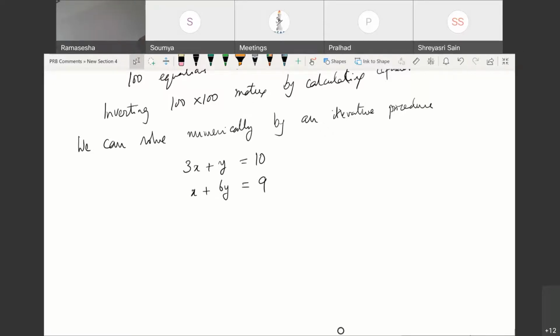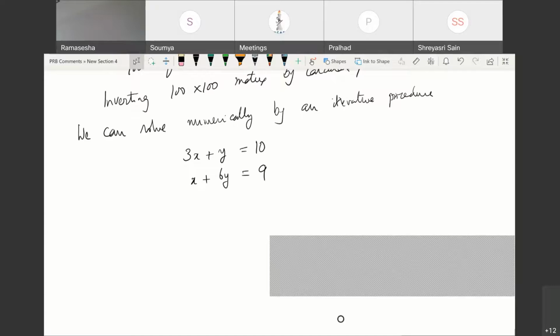Okay, the usual way you are going to solve this is by multiplying the second equation by 3 and subtracting it from the first equation, so that you get an equation for y alone, an equation in one variable which can be solved. Okay, but we are not going to do that.